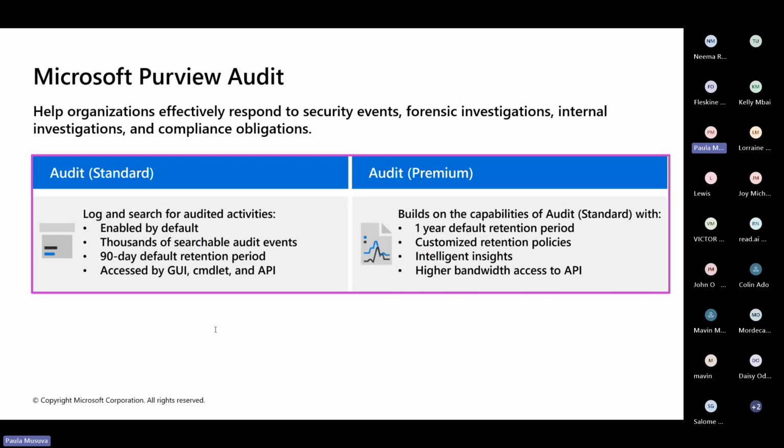So auditing is the ability to detect and respond to events. It facilitates the ability to detect and respond to security events, forensic investigations, internal investigations, but also those relating to compliance.